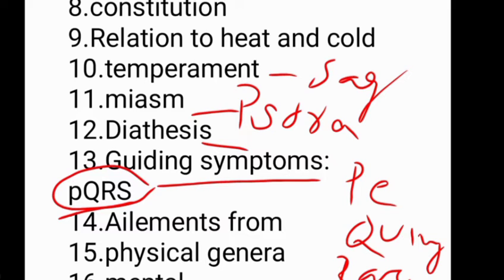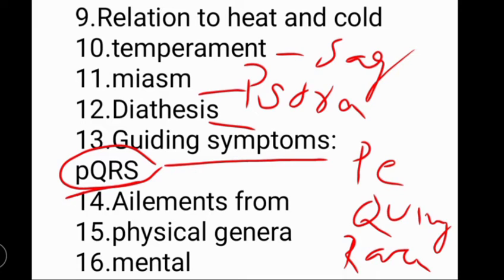Then the aconite elements. Which elements, other than the guiding symptoms, what are the other factors of that drug from which we can find our symptoms?